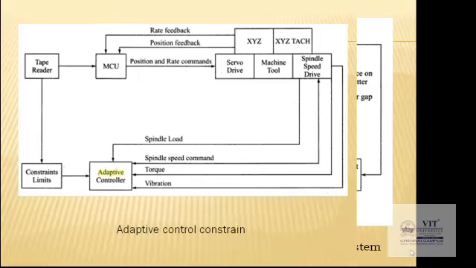Tape reader: in olden days we used a tape to record the program. The program is read from the tape and executed in the controller, and the machining operation takes place. Nowadays we have memory built into the machine controller, so that memory is used.